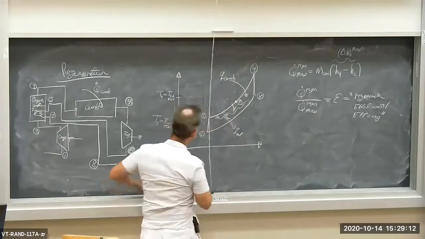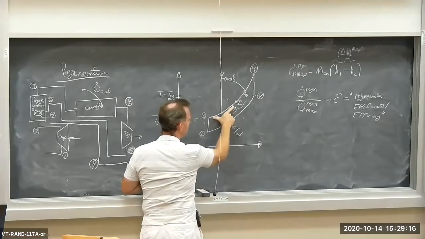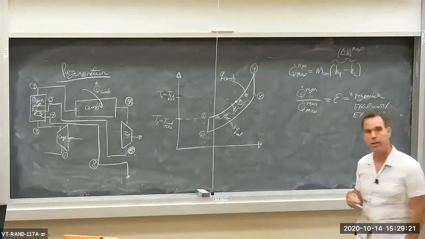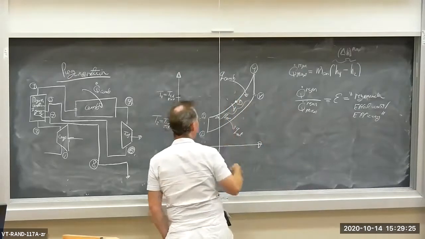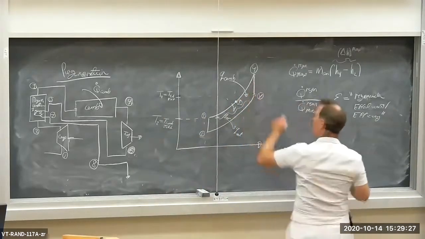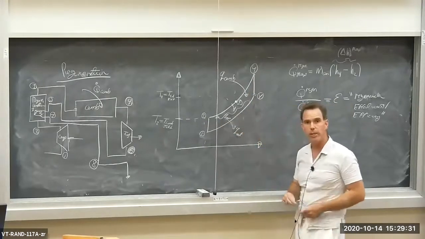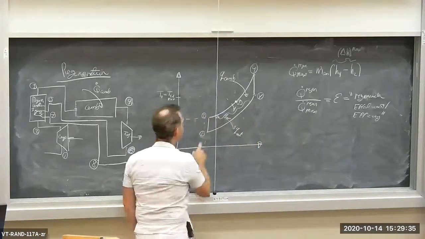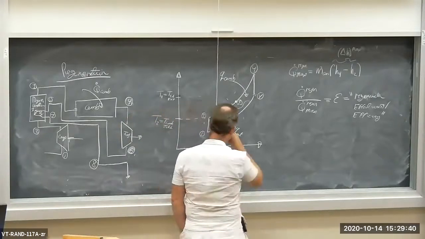All this additional heat from 2 to 3 is now added in the regenerator within the cycle. It's recycled heat. I'm only having to add additional heat in the combustor from 3 to 4 now. The rest of it from 2 to 3 is recycled heat. Clearly, this is going to represent an increase in efficiency because I'm reducing the amount of heat I have to add in the combustor. Okay?